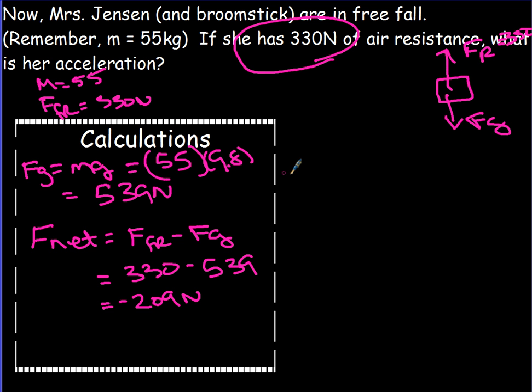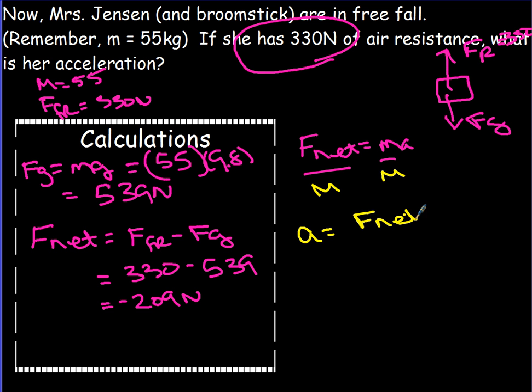I'm still looking for acceleration. I know F net equals ma. So to get acceleration, I divide both sides through by a. Let's not do that. That would be if I was solving for mass. Alright, let's switch colors. I want the acceleration, so I want to get rid of mass. So the acceleration is F net divided by the mass.